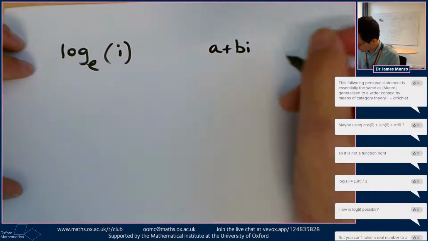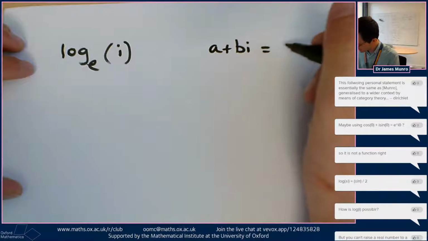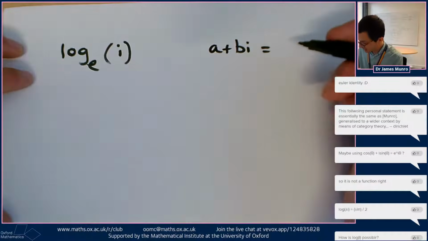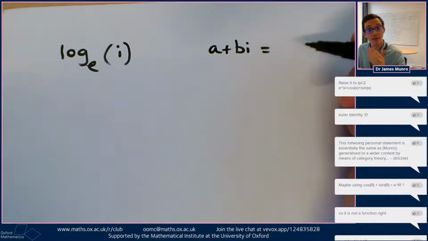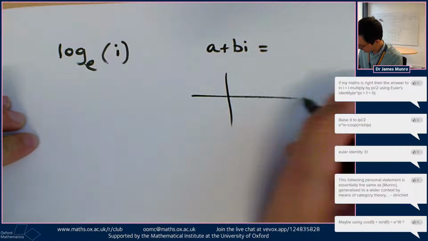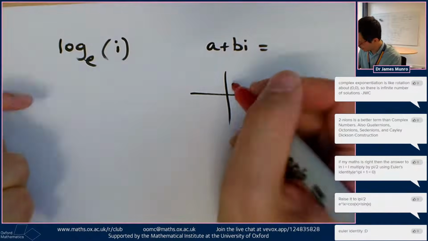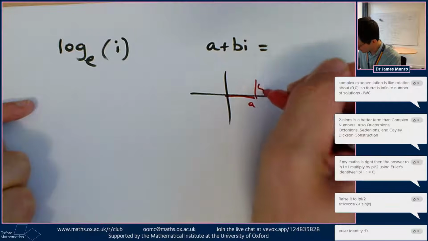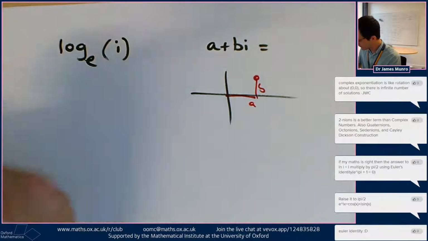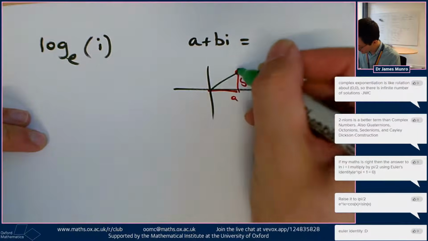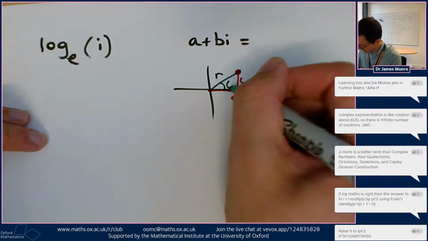But you can also write them, if you want, in terms of the radius, the distance from the origin, and the angle above the x-axis. So there's sort of this Cartesian way to think about complex numbers. A plus bi, let's say a plus bi is over here. But there's also a way to think about complex numbers using, I guess, polar coordinates, to think about the radius and the angle.